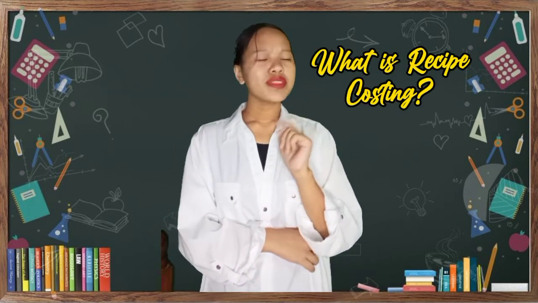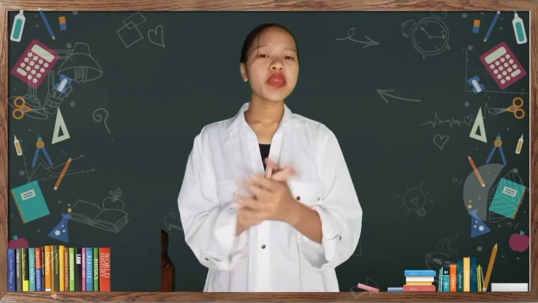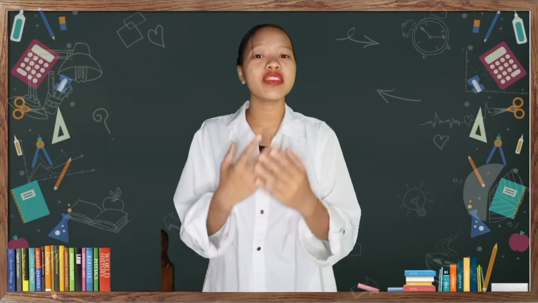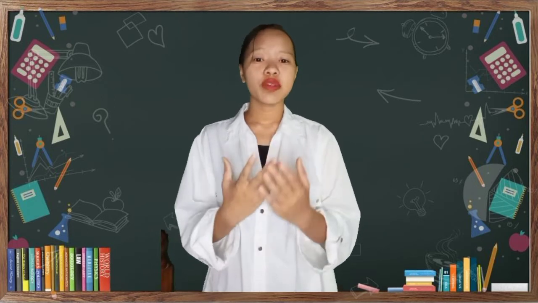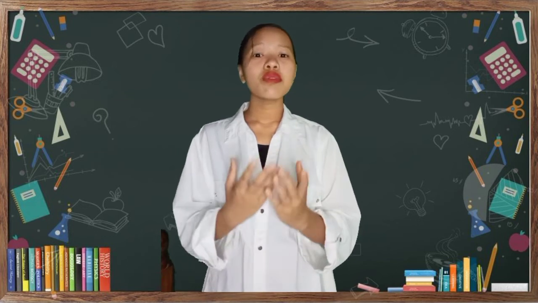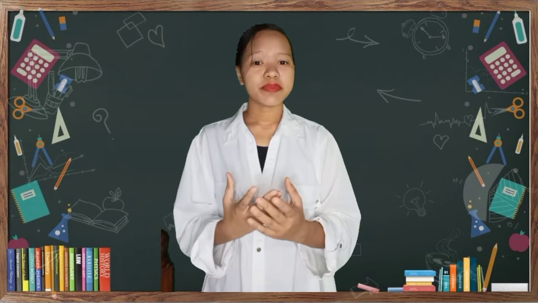So, what is recipe costing? Recipe costing is the act of breaking down a menu item into its individual ingredients and determining those ingredients' cost. When totaled, those ingredient costs make up the total food cost of an item.